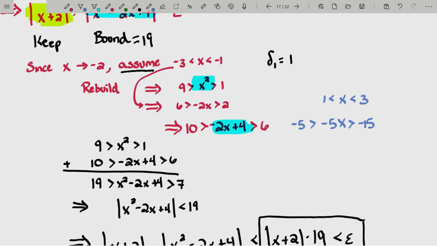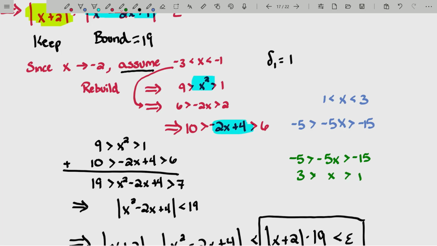Now, it would make no sense to add these up as they're written. You have to realign them. So if you're going to add them up, actually, let me do it in a different ink so it stands out for you. If you're going to add them up, make sure that you have their inequalities going the same direction.